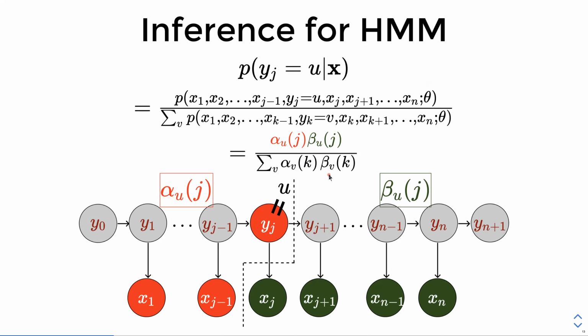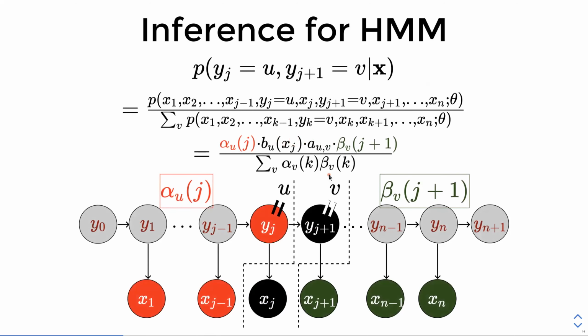This is for the first conditional probability. The second conditional probability is something like this, and we can similarly rewrite it in terms of something like this, and find the relation between this term and alpha and beta. In other words, we can rewrite it in terms of alpha and beta.